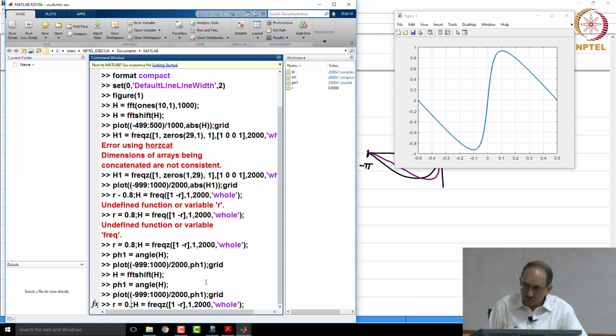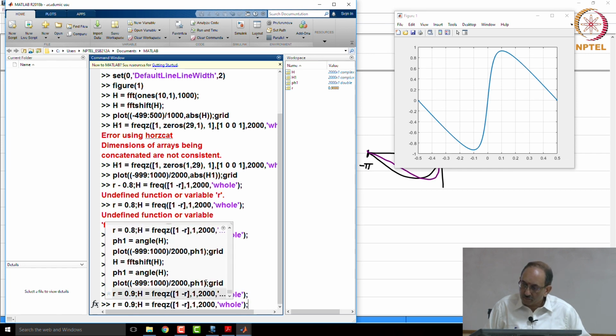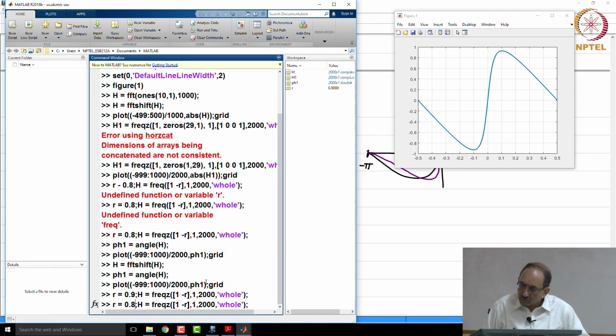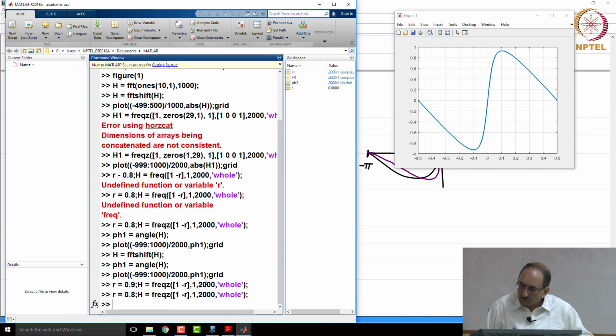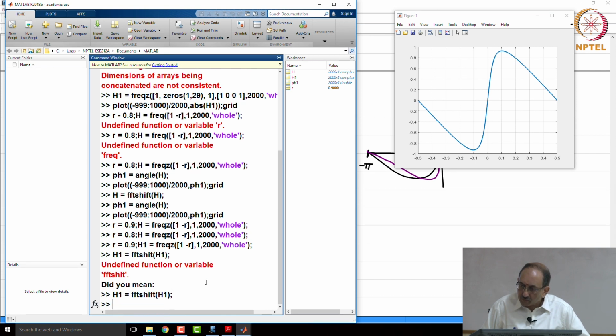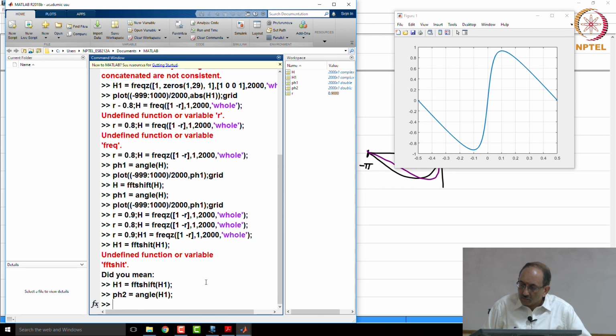Let us now make this 0.9. So, this is okay, and then pH2 is angle of H1, and then I have to plot pH2.